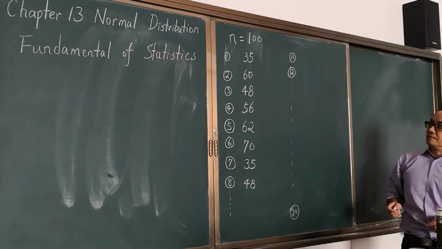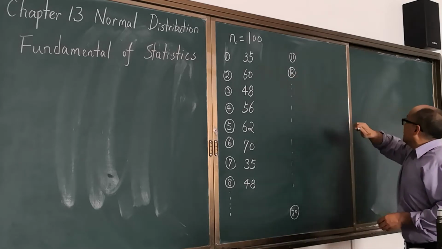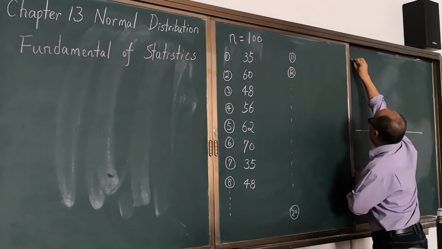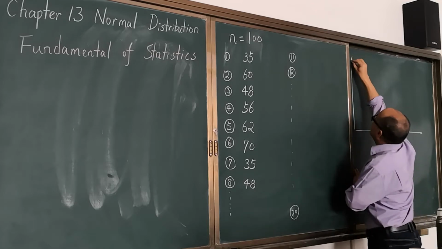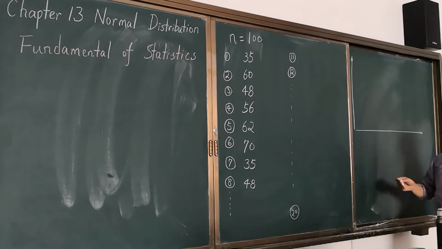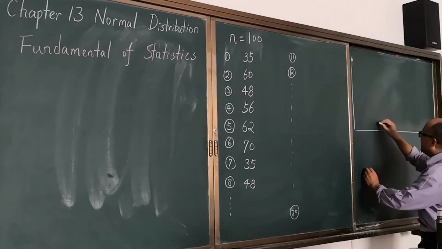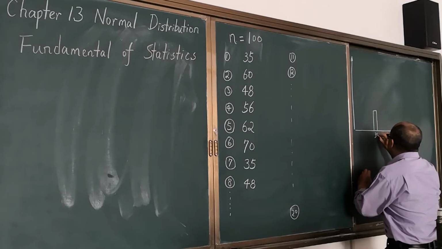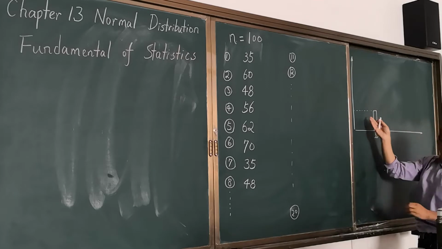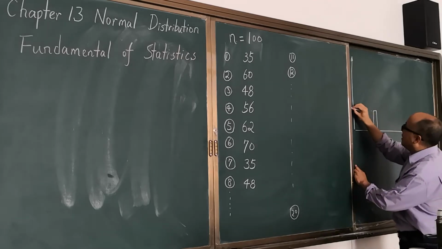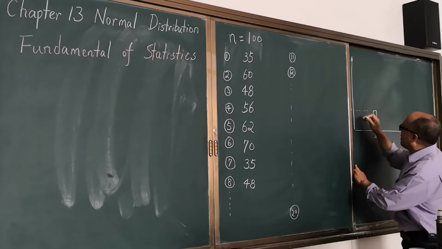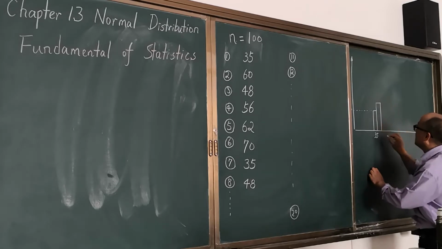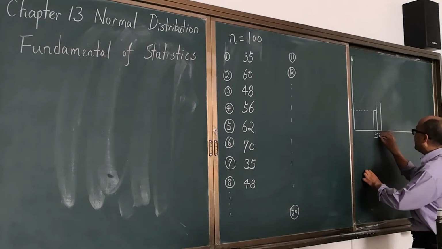Let's say we had 100 students. Let's say 35 happens some number of times, let's say three times, and 36 and some.